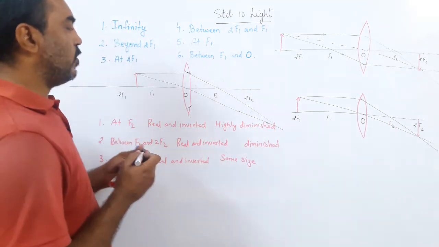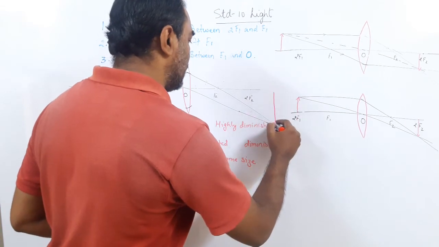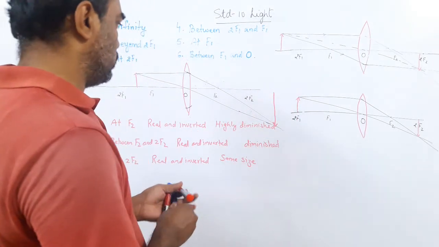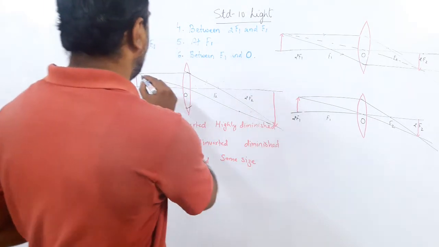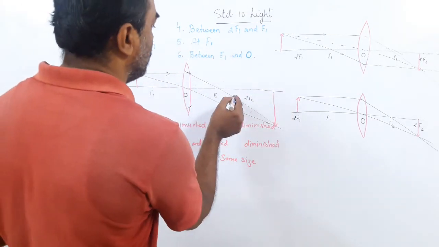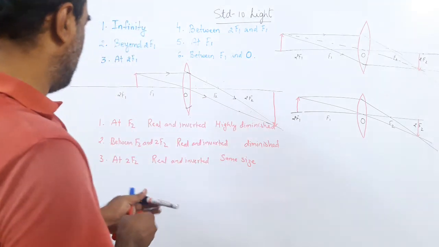So the image is formed in this place right now. Okay, can you see? Parallel, after refraction goes through the focus, so there we have it.